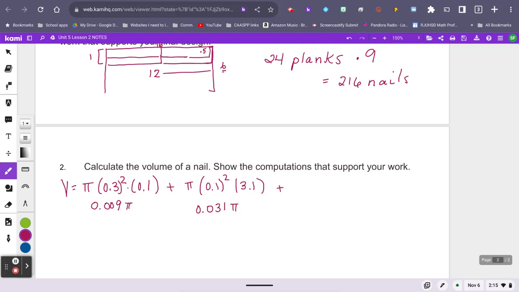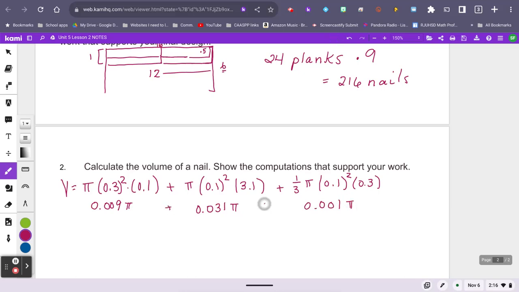Then if we add in the cone, we can do 1/3 pi. Its radius is 0.1 squared and the height is 0.3. If we multiply that together, we get 0.1 pi.